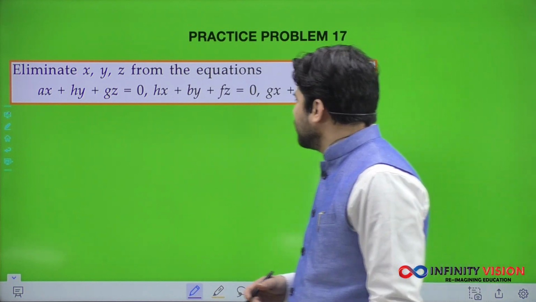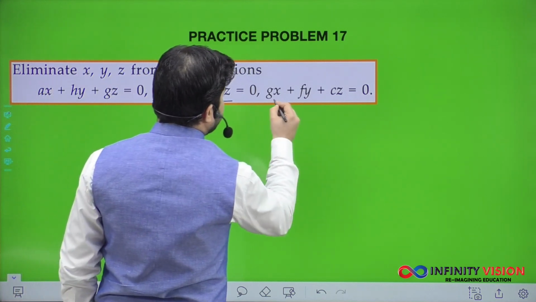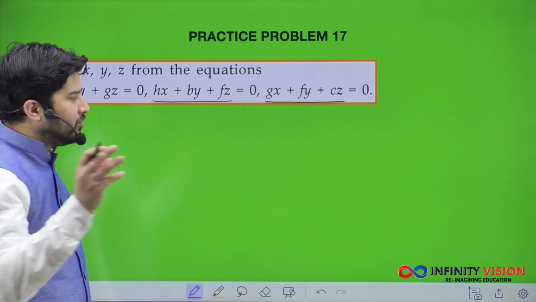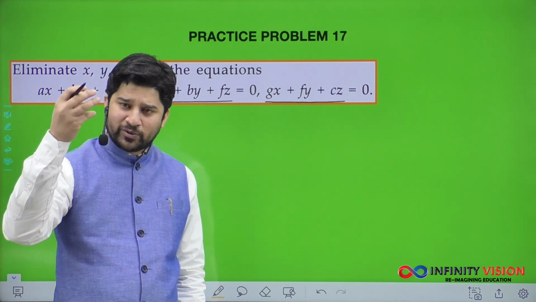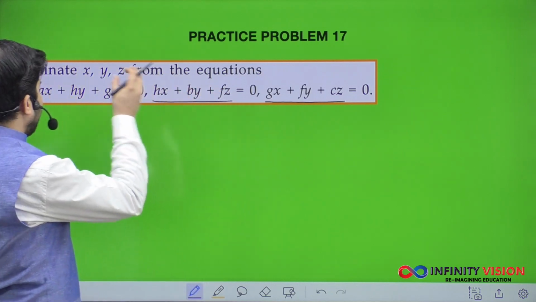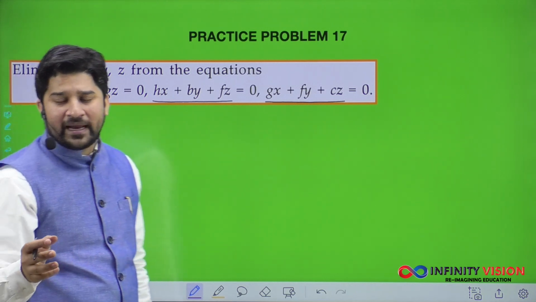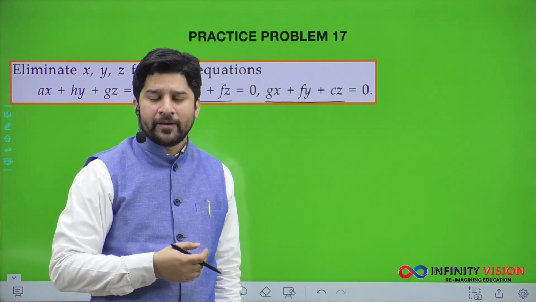For that, we'll be going with the same approach. We'll be using these 2 linear equations to find the proportionality of xyz. Once we know the proportionality of xyz, we'll be writing xyz in terms of lambda, and then I'll be putting my xyz in this equation. I'll get rid of my lambda, and then whatever constants I have, that would be my eliminant.